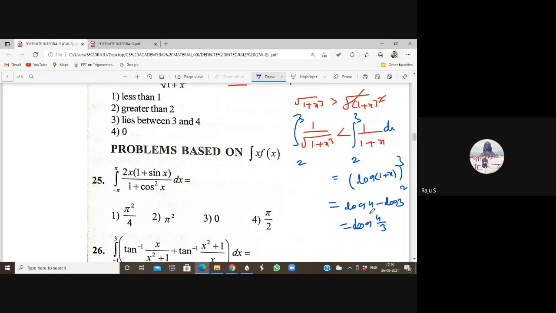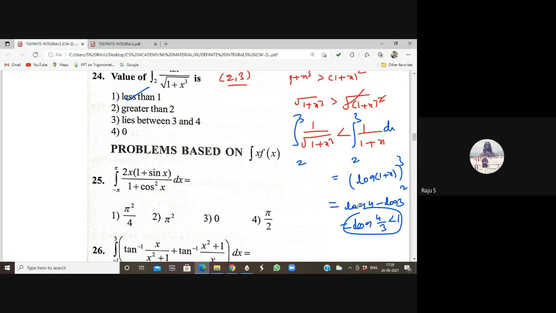What is the value of log of 4 by 3? Is it greater than 1? No, log of 4 by 3 is lesser than 1. 4 by 3 is nothing but 1 point something, and log of 1 point something is clearly lesser than 1. How can we say that? Log e is 1. What is the e value?